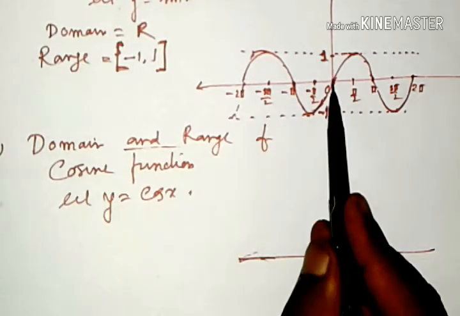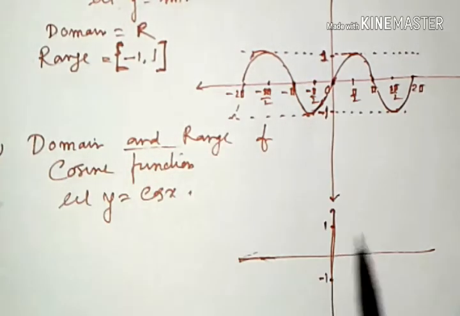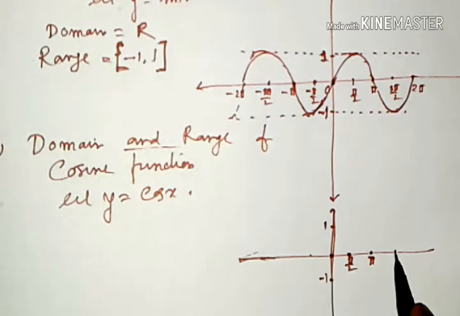But here, sin 0 is 0, whereas cos 0 is maximum. So the function becomes zero at 90 degree, it is minimum at pi, maximum at twice pi.